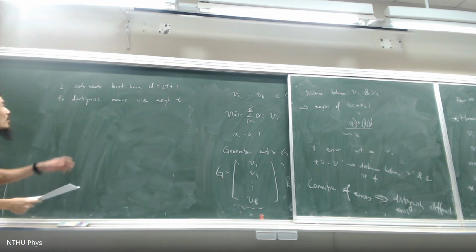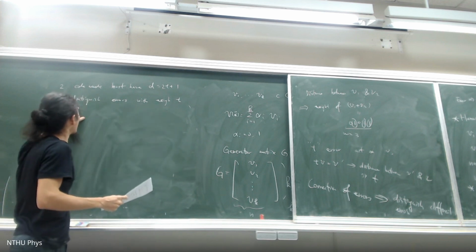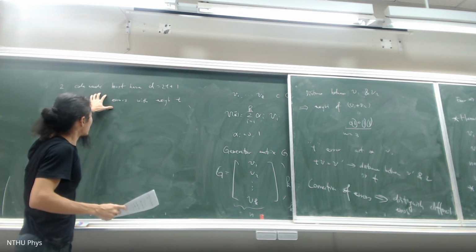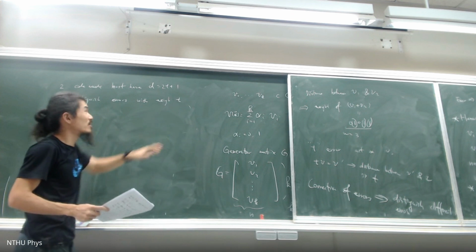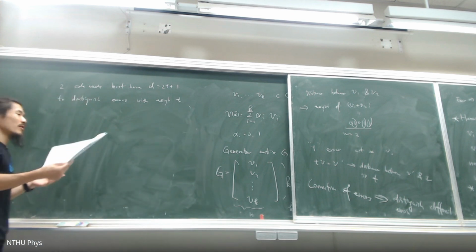Because if the maximum possible two errors act on the state, the maximum distance is 2t. But I want to distinguish them, so I need to have more distance.